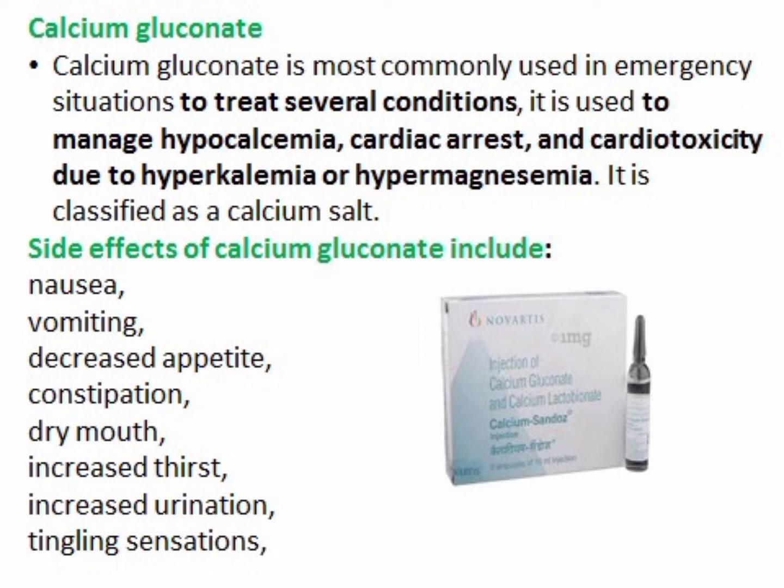It is classified as a calcium salt. Side effects are nausea, vomiting, decreased appetite, constipation, dry mouth, increased thirst, increased urination and tingling sensation. So calcium gluconate is also a very important emergency drug. It should be available in a crash cart.